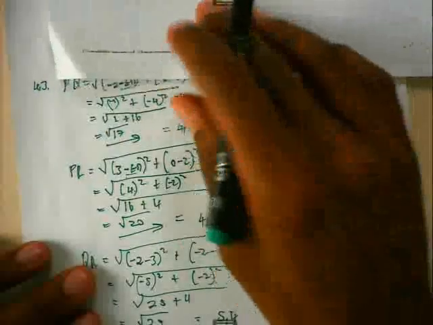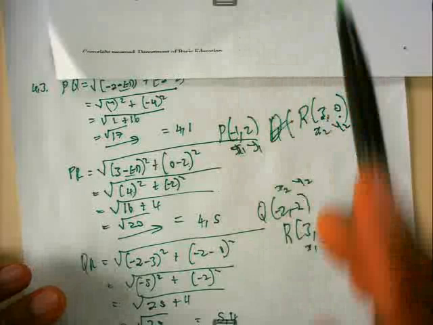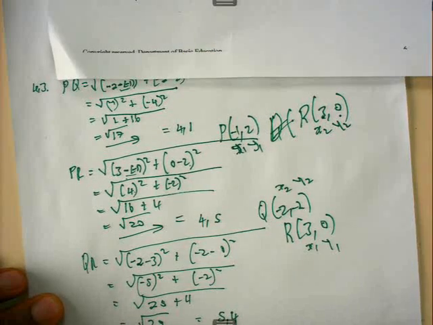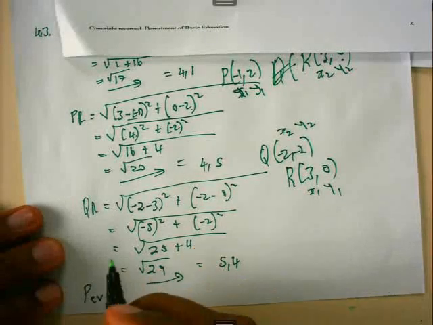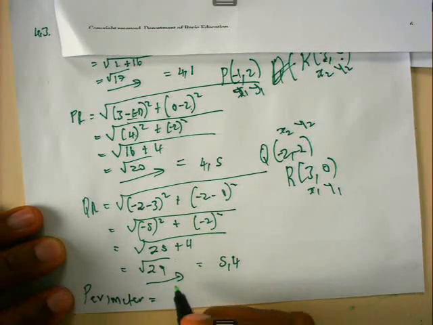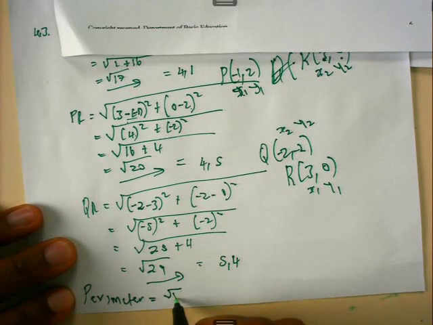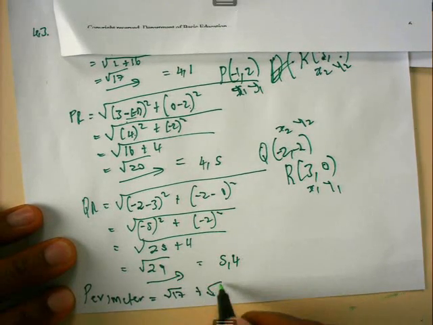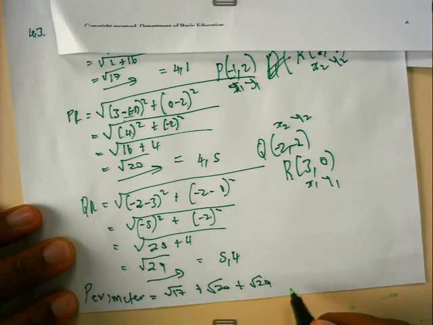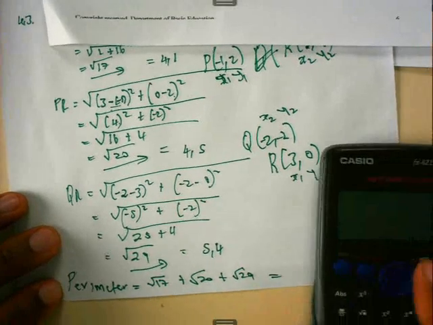Right, now we must answer the question. What does the question say? The perimeter, that is the distance around the shape. Therefore, we can now say the perimeter is equal to the square root of 17 plus the square root of 20 plus the square root of 29. Now we add the 3. We check what is the answer there.